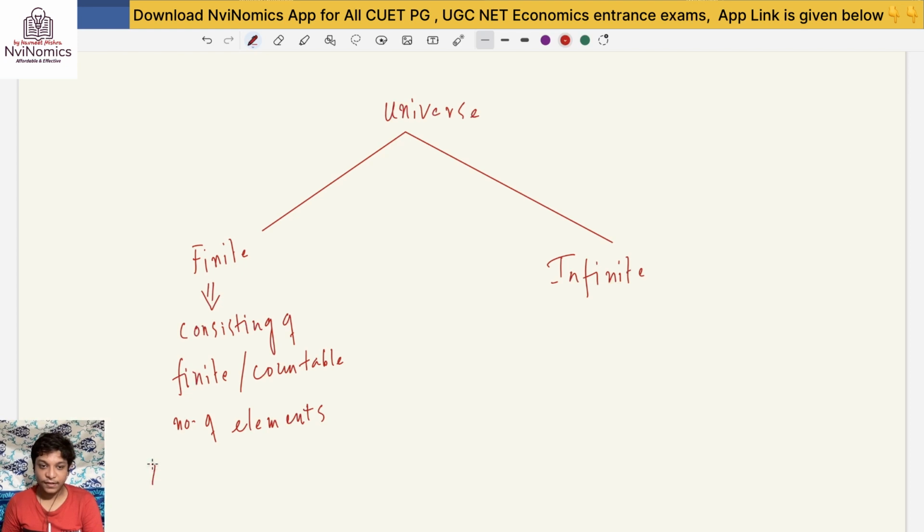Can you give an example? What can be an example? Number of teachers in a school, etc. And what does infinite mean?